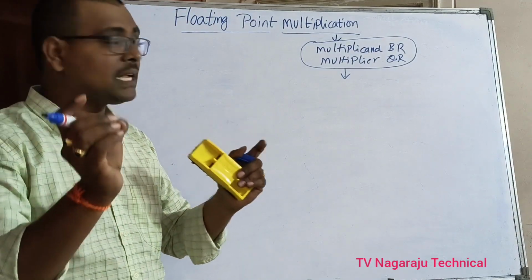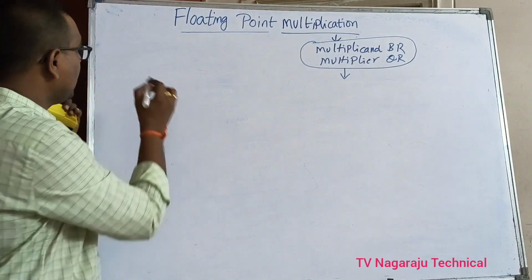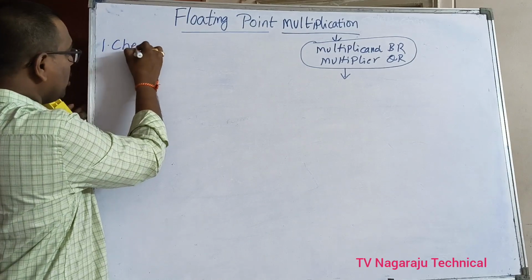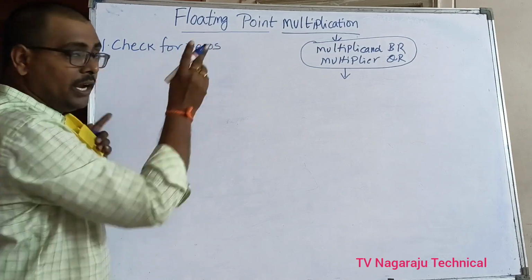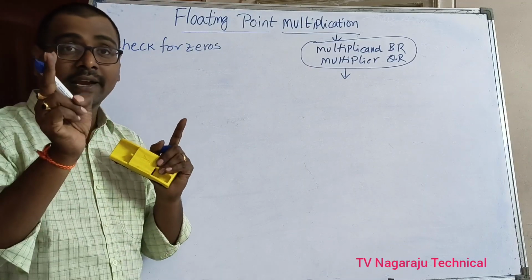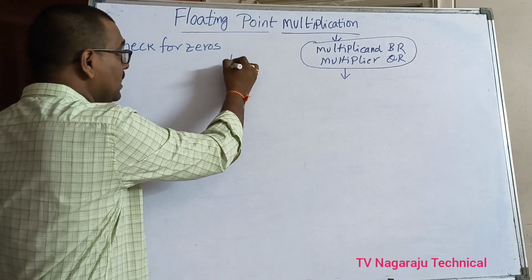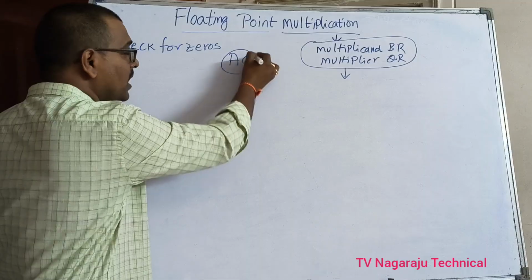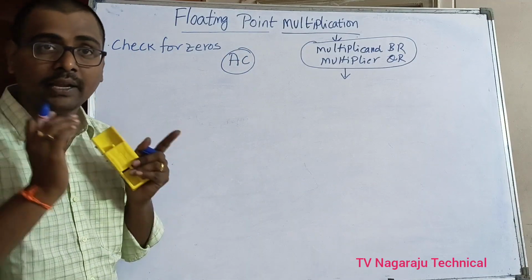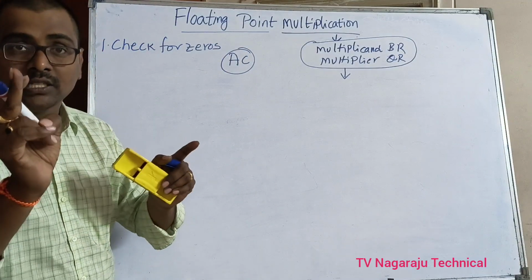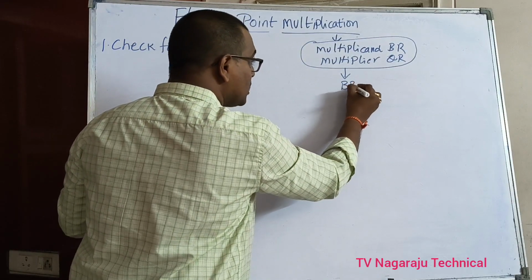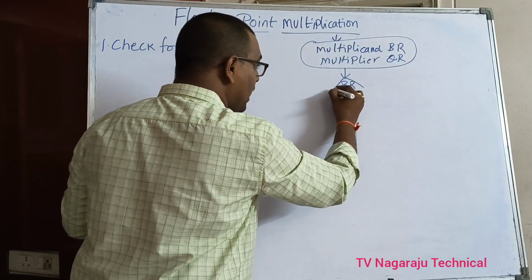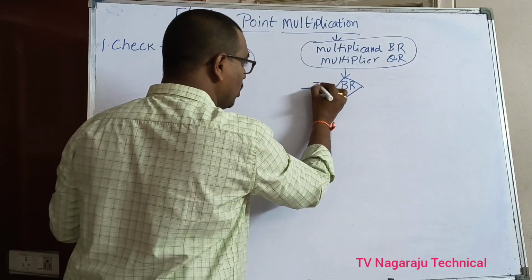Whether it is addition, subtraction or multiplication, the first step is to check for zeros. Remember, the final result is always stored in AC, that is the accumulator register. Now suppose the multiplicand value is equal to 0.